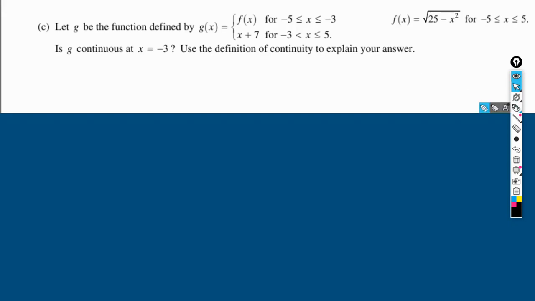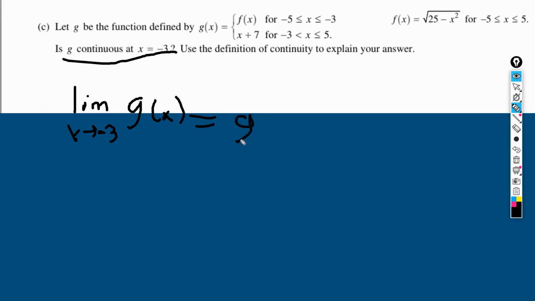So, if we remember from earlier, for g to be continuous, that means the limit as x goes to negative 3 not only has to exist, it has to equal g of negative 3. So let's do the easier part of the two, finding what g of negative 3 is. Where is negative 3 on this?